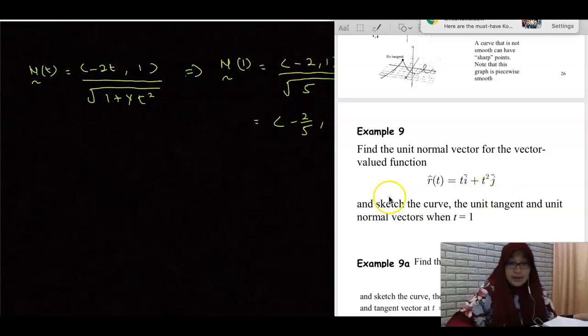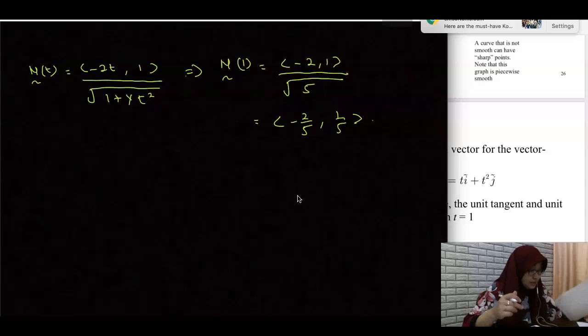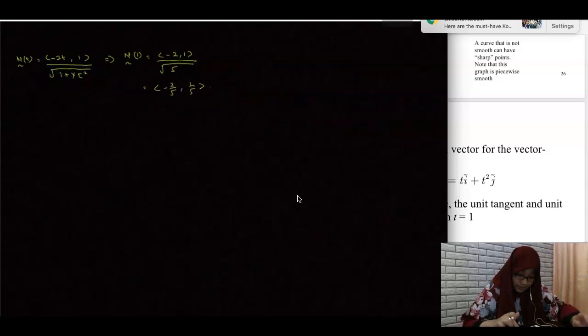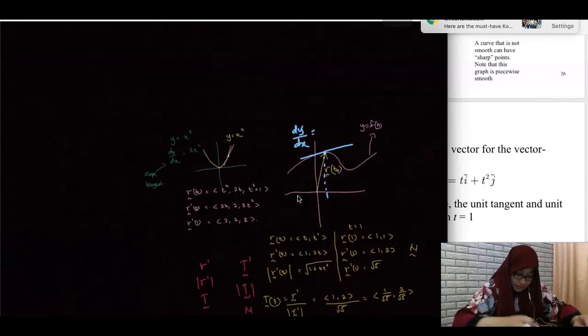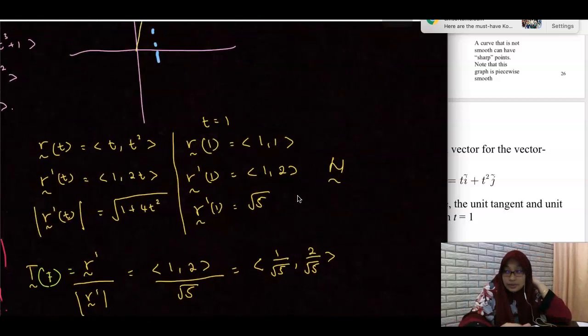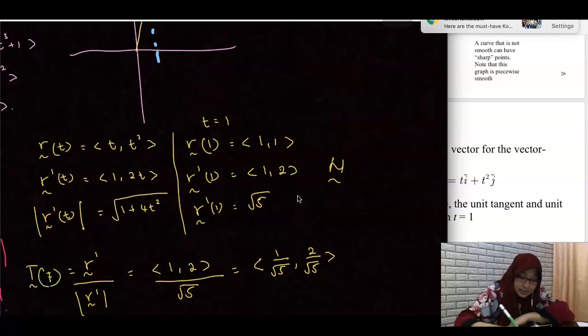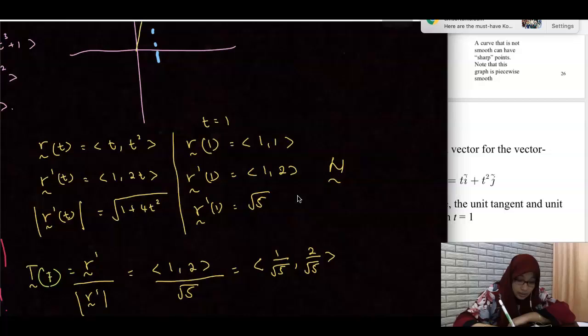Okay, now we just sketch the curve. By sketching the curve, we look again at the information that we have here. Remember, I told you before how to sketch the graph. In this case, you have the parametric equation where x is equal to t and y is t squared.